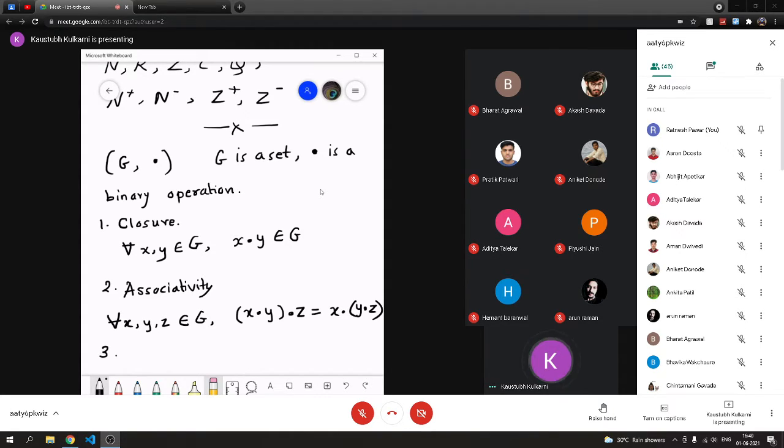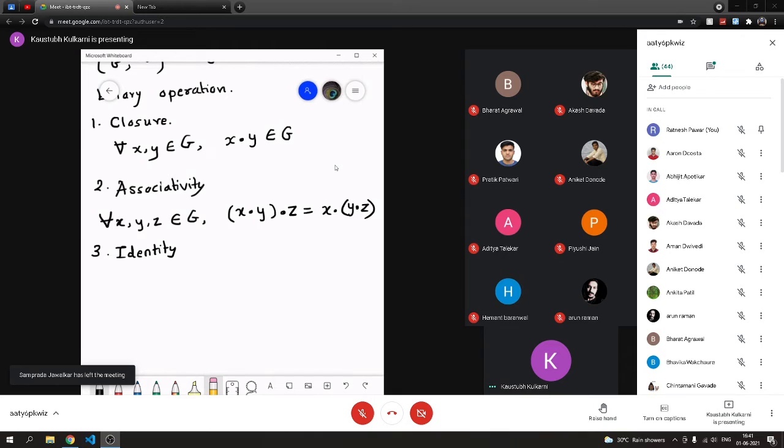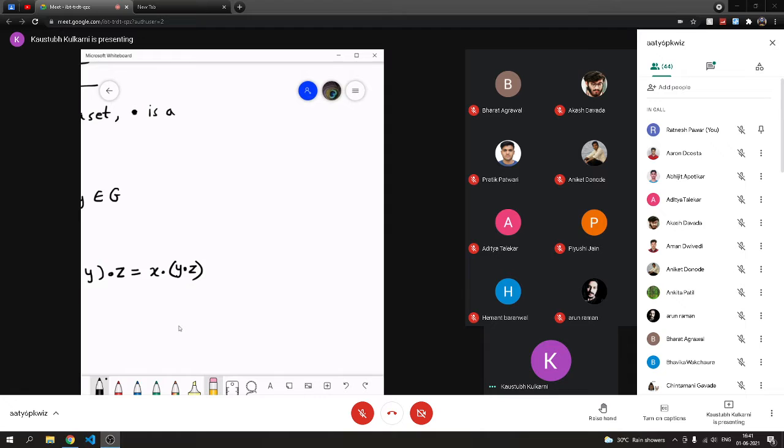Then the third one is identity. Identity means, now we have seen for all, another such symbol, now these are called quantifiers. Okay, this is side information, not a part of this subject. It is a part of logic symbols. So this is for all, this is there exists.